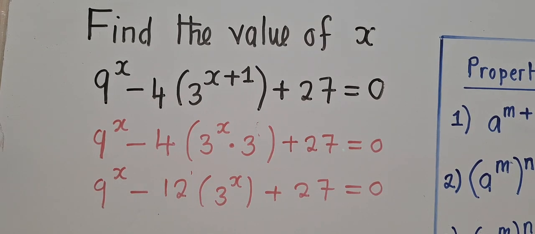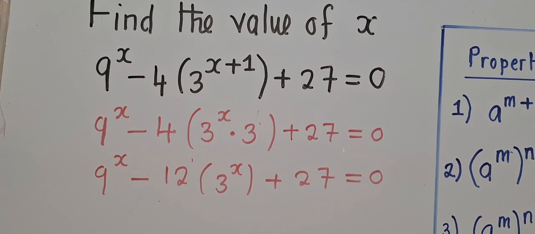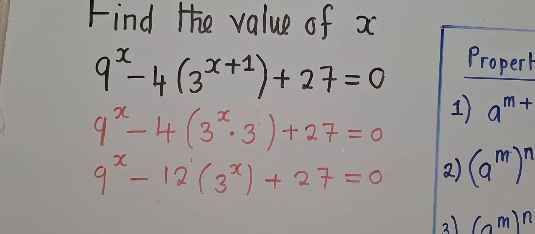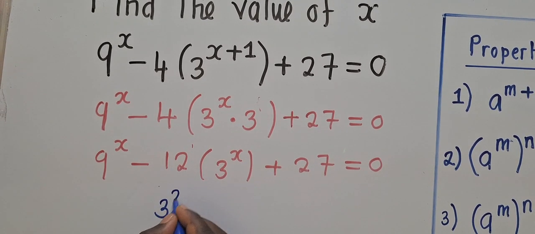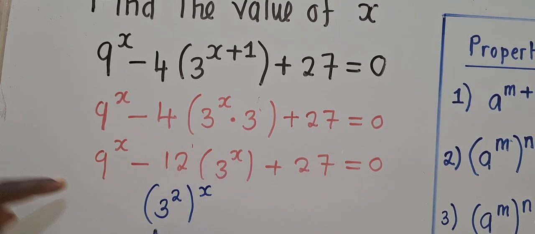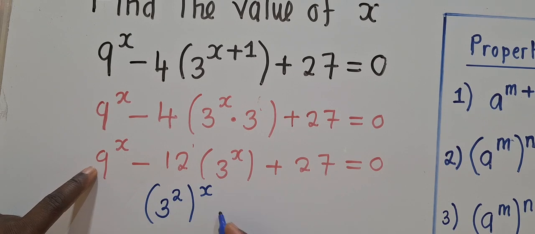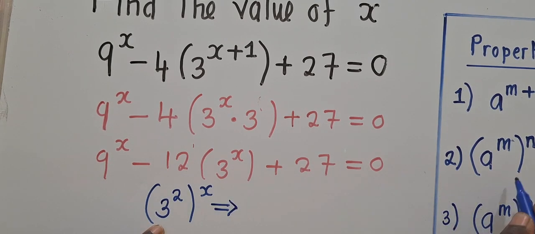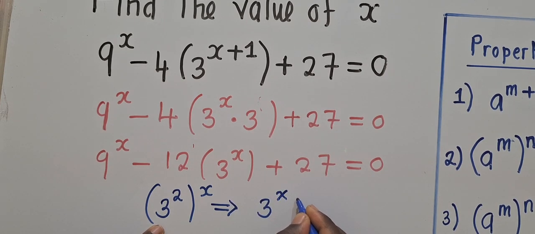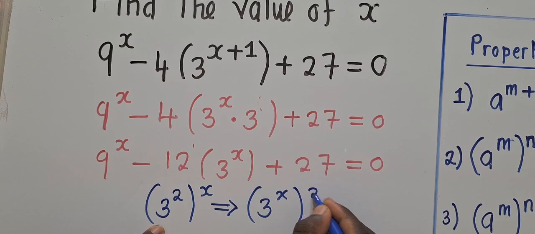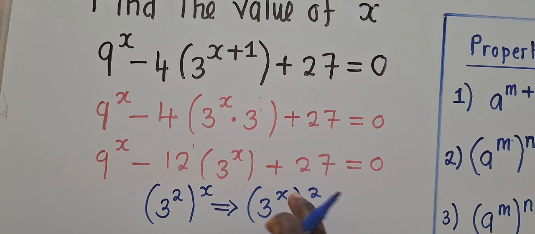So now, we have reached the point where we need to use property number 2 and 3. We shall start with property number 2, where we're going to write this as 3 power 2 power x. So we know that 3 power 2 is the same as 9. This will be written in this form using this property, where this will just be 3 power x, and here a power 2. 3 power x power 2, you just switch them like that.